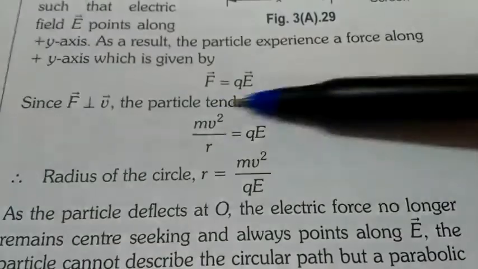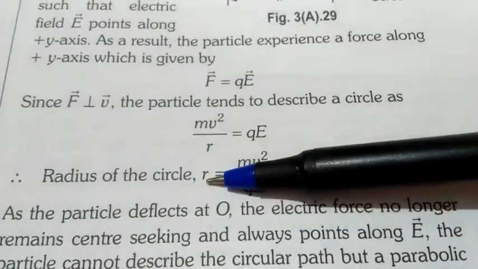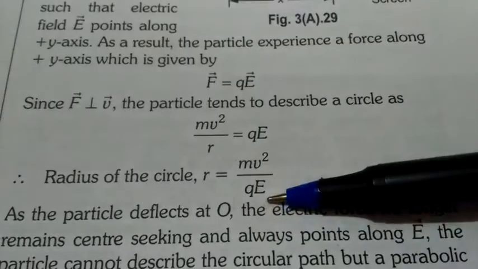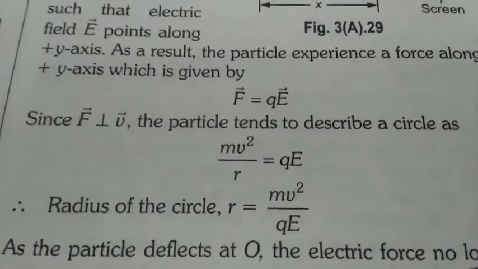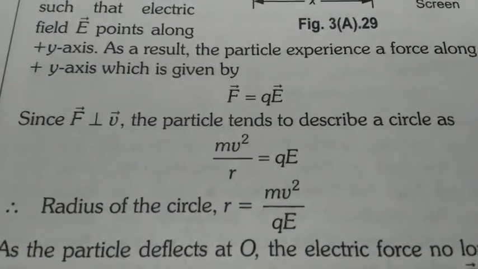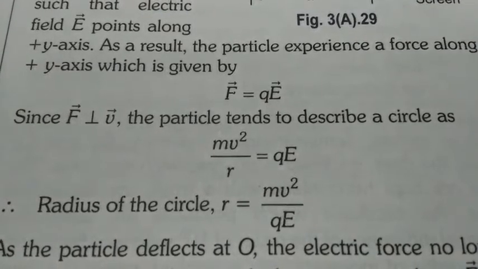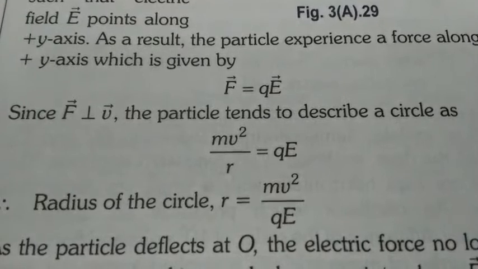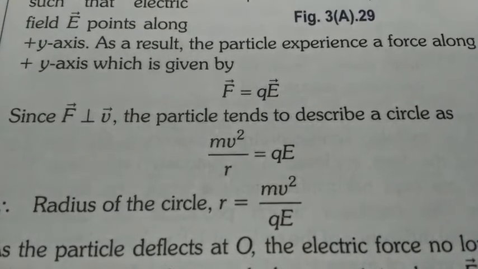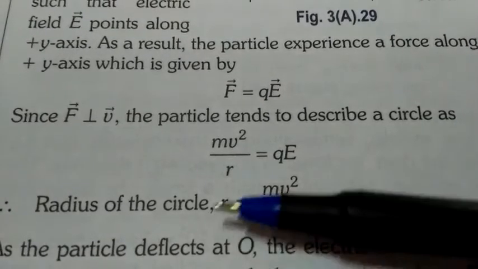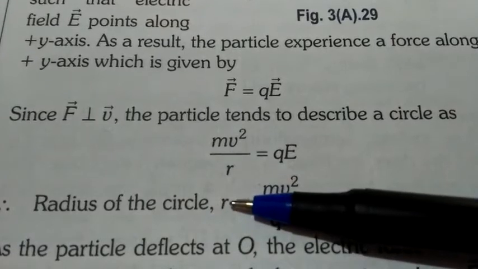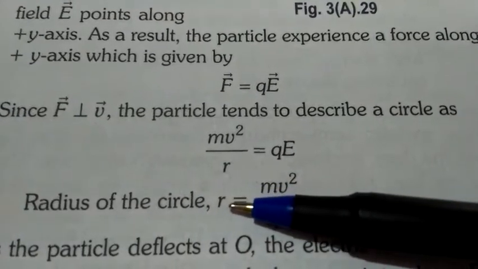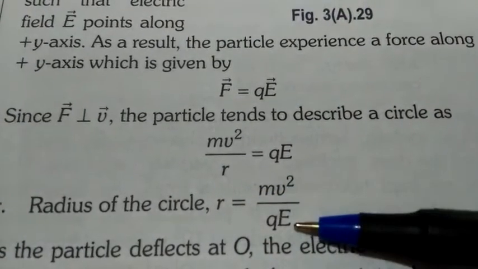By rearranging, we can get the radius of the circle, r equals mv square upon qE. So in this case, we understood that if the particle enters the field in a perpendicular direction, the field starts rotating the particle in circular motion, and the radius of that path is given by r equals mv square upon qE.